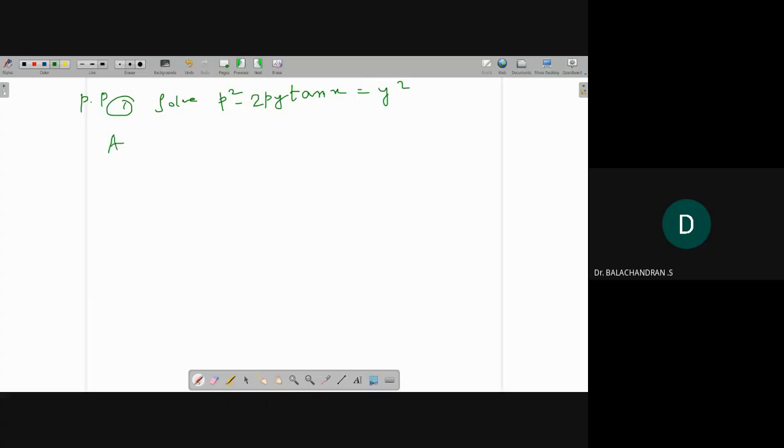Answer is y into 1 minus sin x minus c, into y into 1 plus sin x minus c, equal to 0.